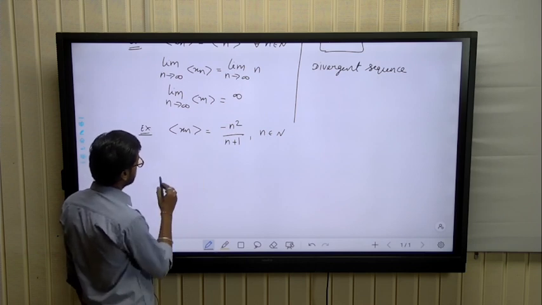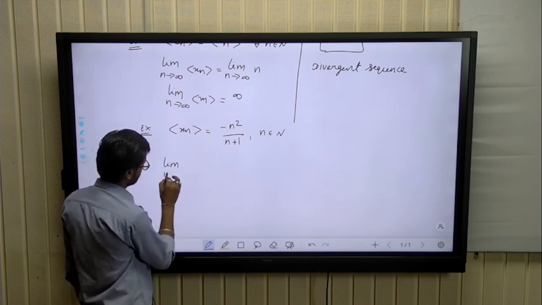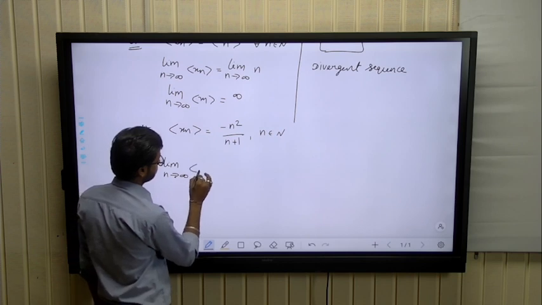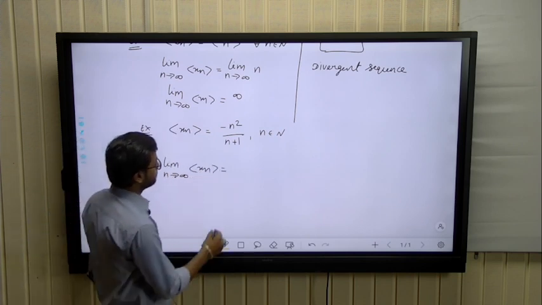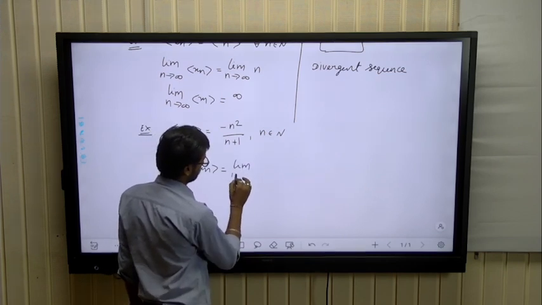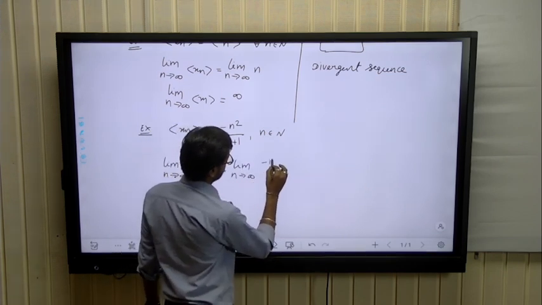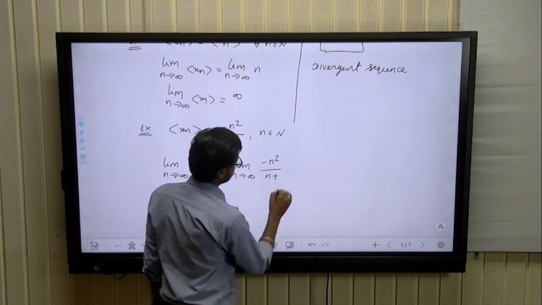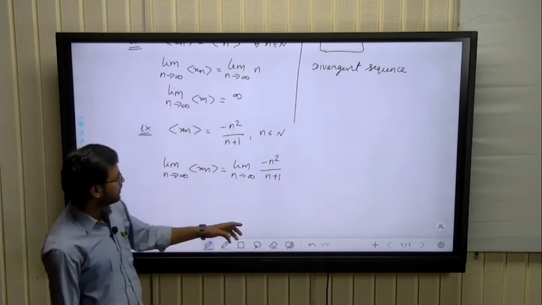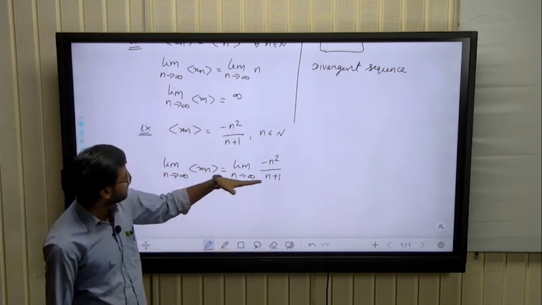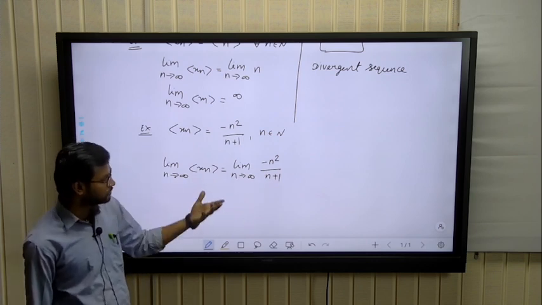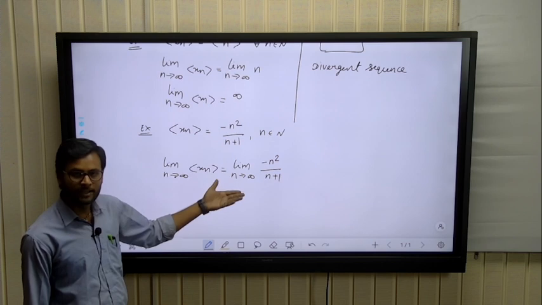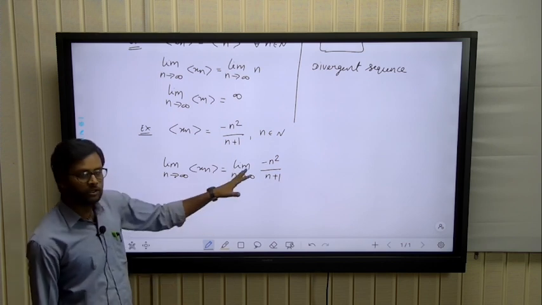Okay. Now let us find the limit of the sequence and see what we get. Here we take the limit as n tends to infinity on both sides of minus n square upon n plus 1. Now if we check whether the given term is in determined or undetermined form, we put in the value of n.